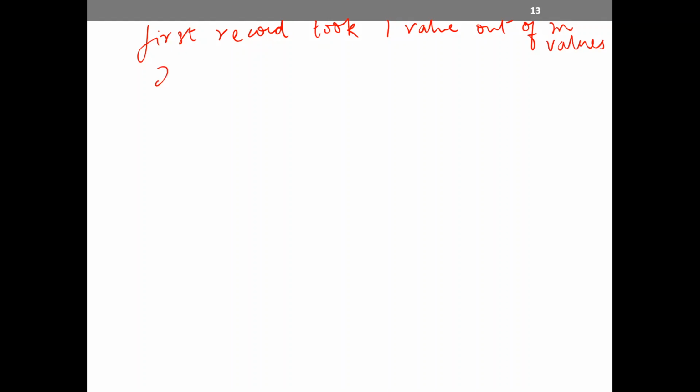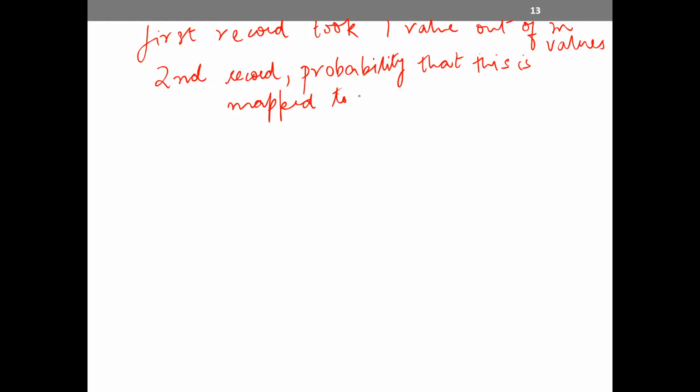Then when the second record was added, the probability that it's mapped to a location different from the first one, which is what I'm interested in to avoid collisions, is m minus 1 over m.